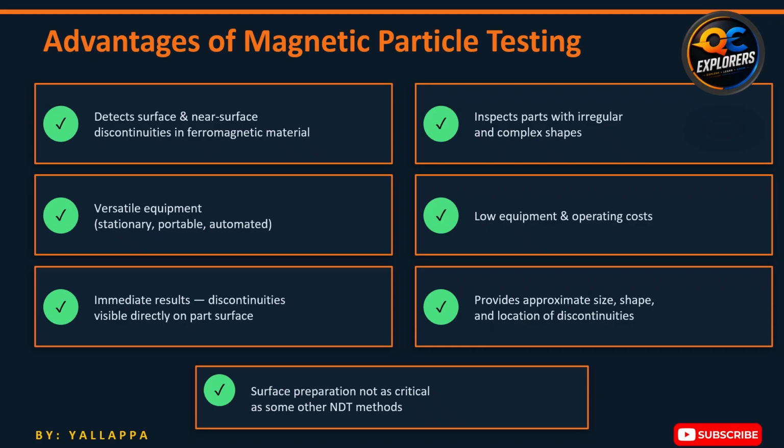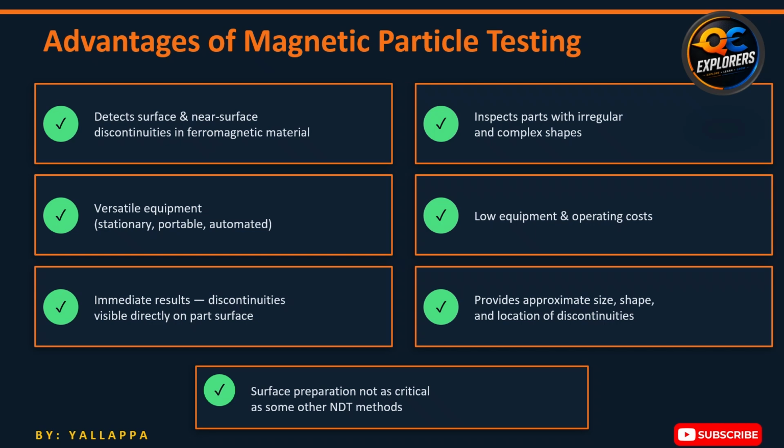When magnetic particles accumulate at a leakage field caused by a discontinuity, the indication can be observed directly on the component surface. MPT can also provide an approximate indication of the size, shape, orientation, and location of a discontinuity. This information helps the inspector evaluate and assess the indication.